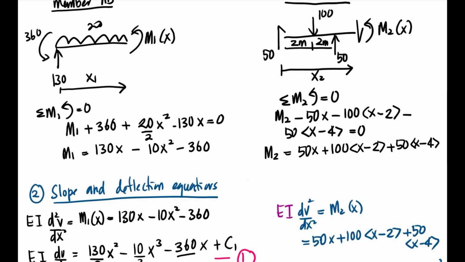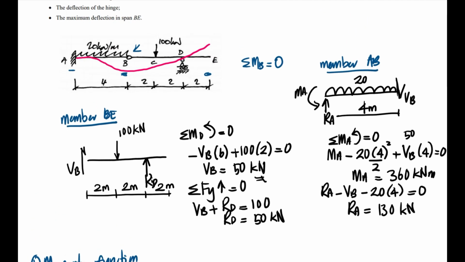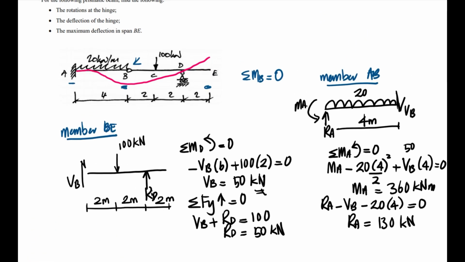So we take a look back at the beam problem. At point A is a fixed support. At a fixed support, we know that there is no deflection, v equals 0, and there is no slope, θ equals 0, when x equals 0.